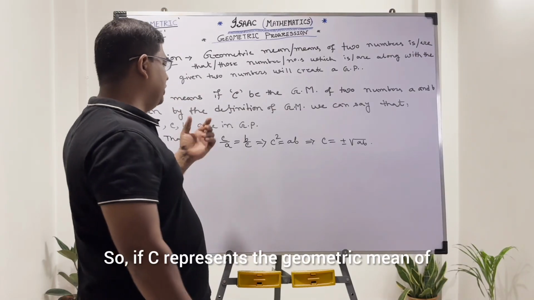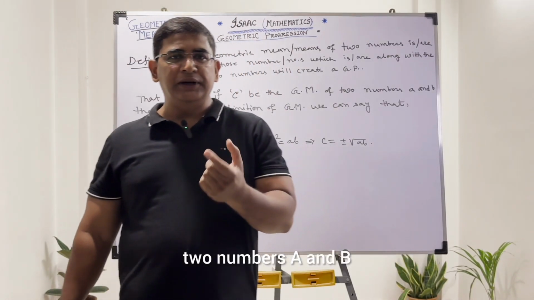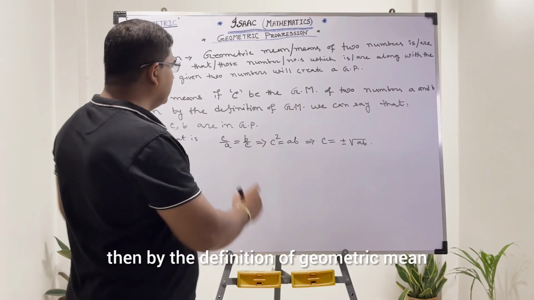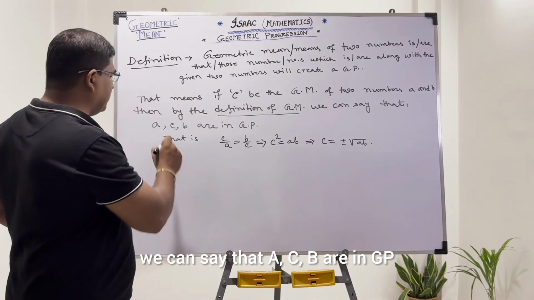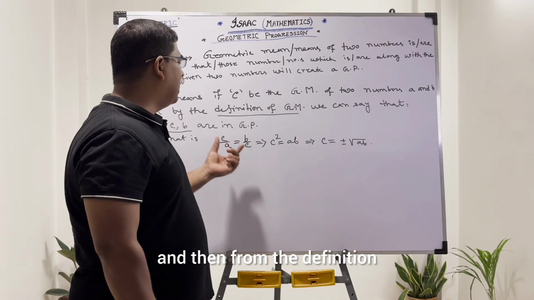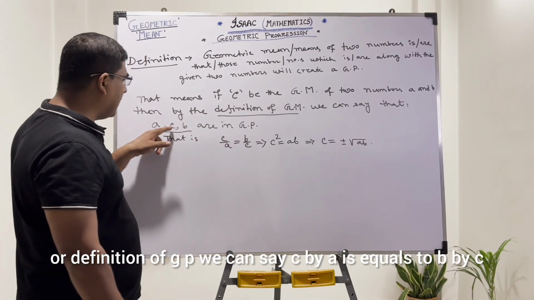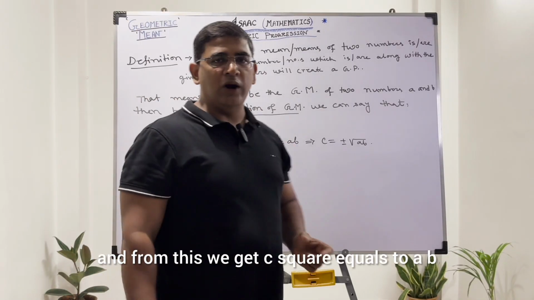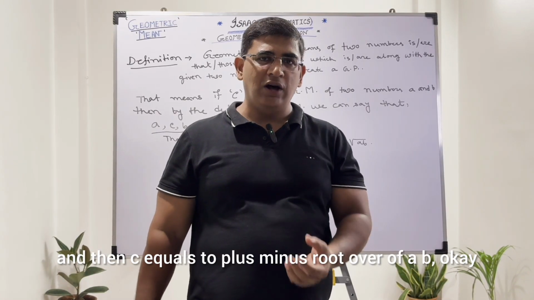So if C represents the geometric mean of two numbers A and B, then by the definition of geometric mean we can say that A, C, B are in GP, and then from the definition of GP we can say C by A is equals to B by C, and from this we get C squared equals to AB, and then C equals to plus minus root over of AB.